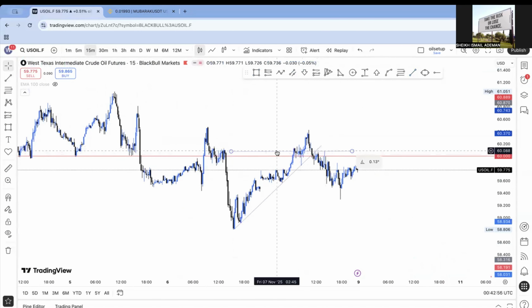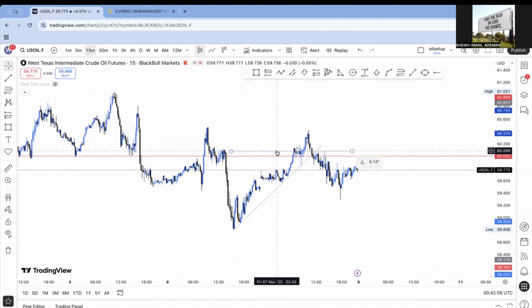So it gave us a break and a retest, and then gives us entry somewhere here, stop loss right above the level, and then we target this level, which we have already fixed as our first take profit level, another take profit level, and the last one. So you can see how simple it is to use the breakout strategy to catch an entry.